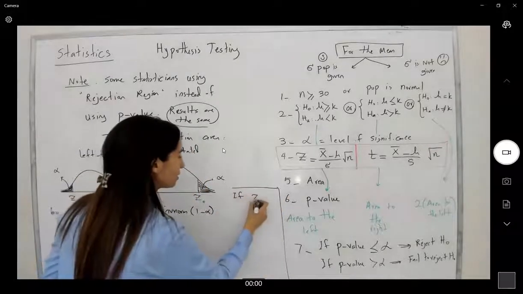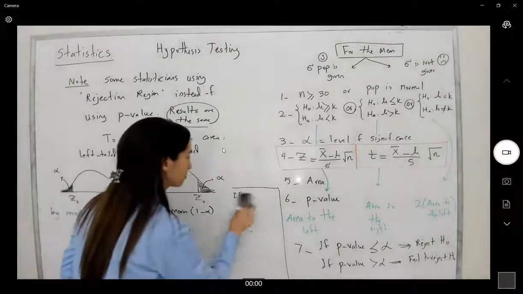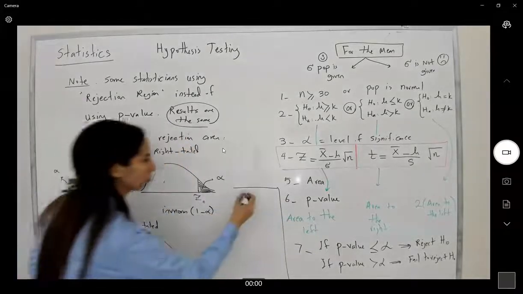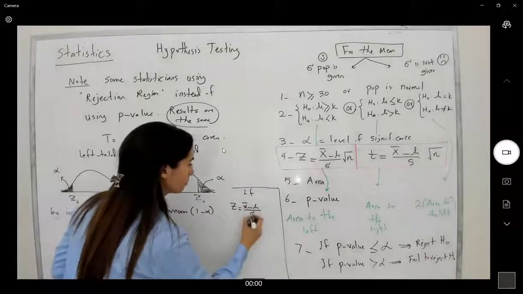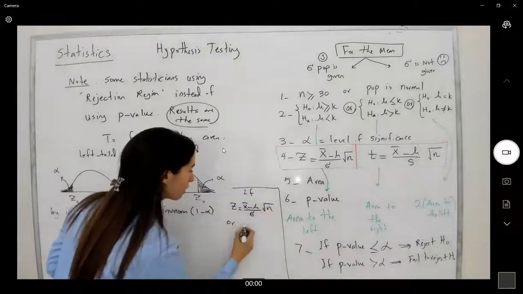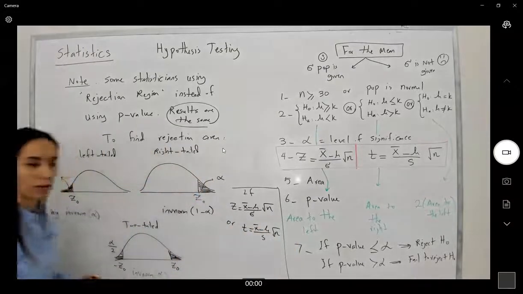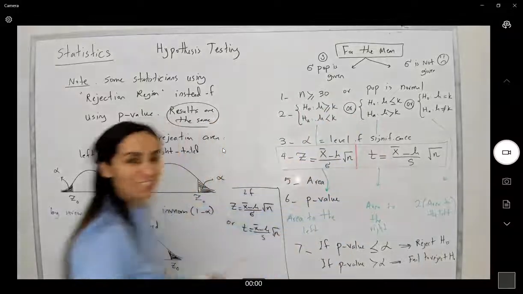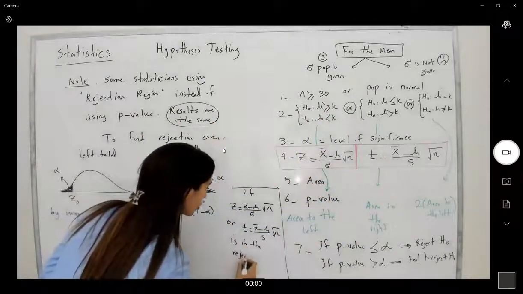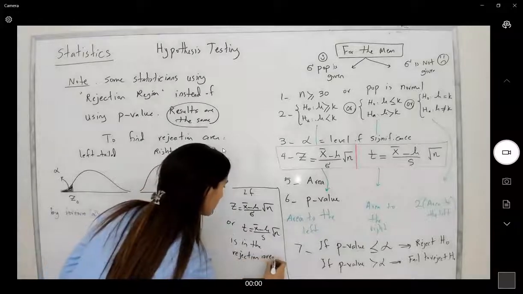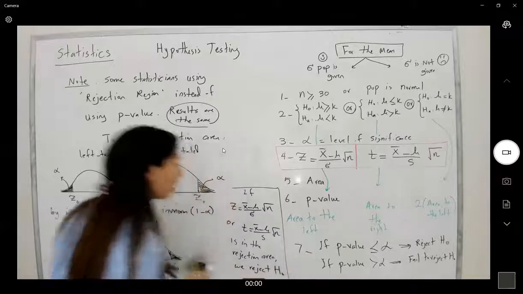If z equals x bar minus mu divided by sigma over square root of n, or t equals x bar minus mu divided by s over square root of n, depending on which case this is, is in the rejection area, we reject the null hypothesis.